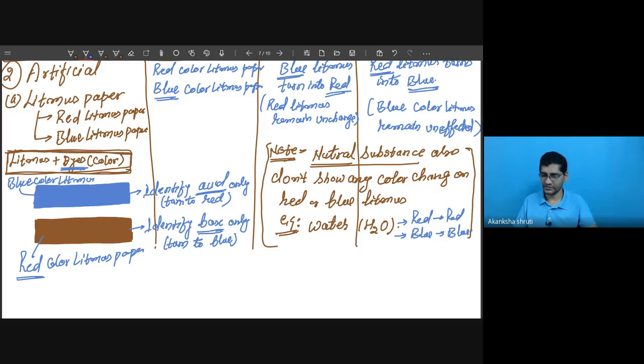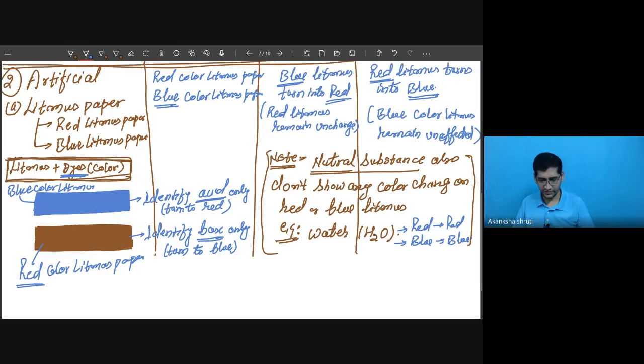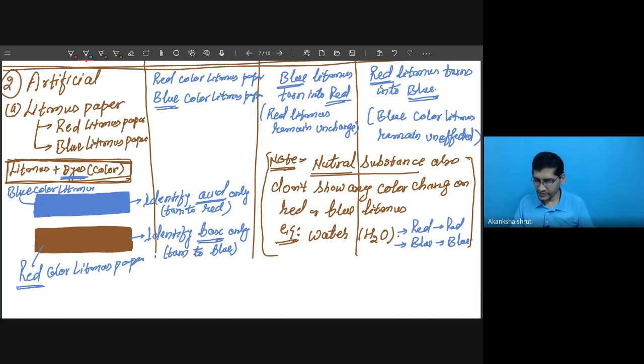That's why we cannot determine whether it is acidic or basic if we are dipping the same kind of litmus in that. So here the thing is that we have a blue litmus paper and we are given two different solutions, in which one contains the base and another contains a neutral chemical like water.